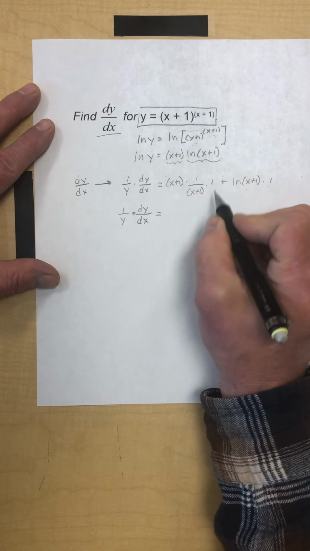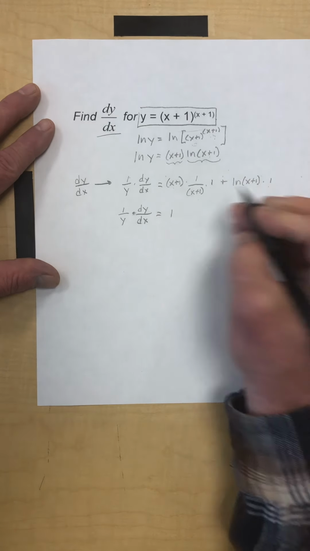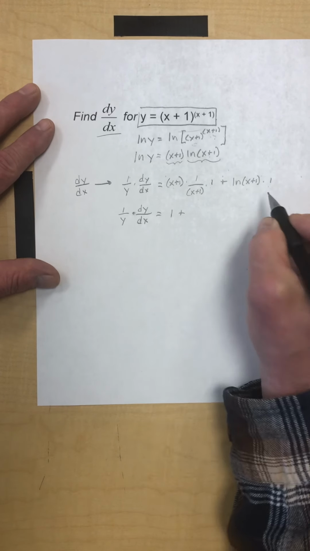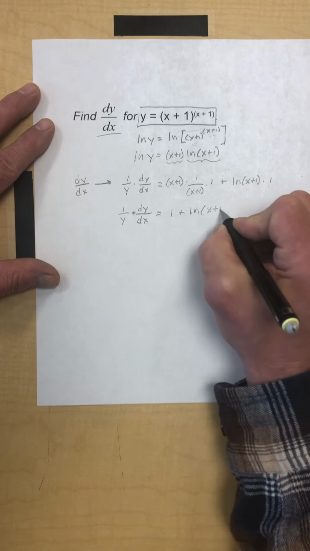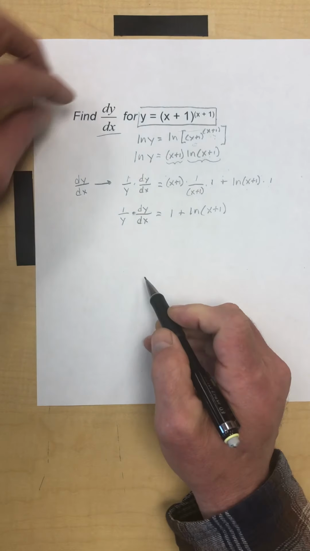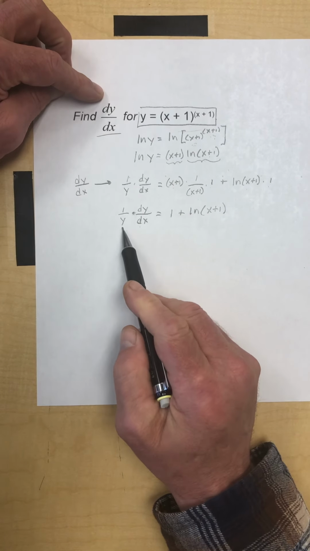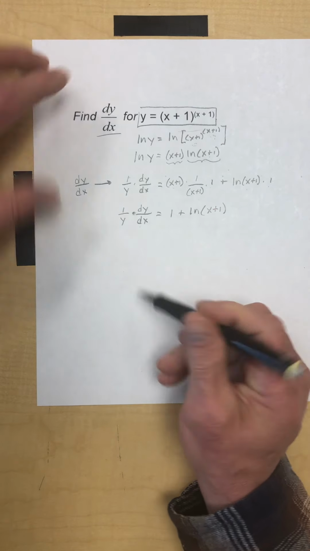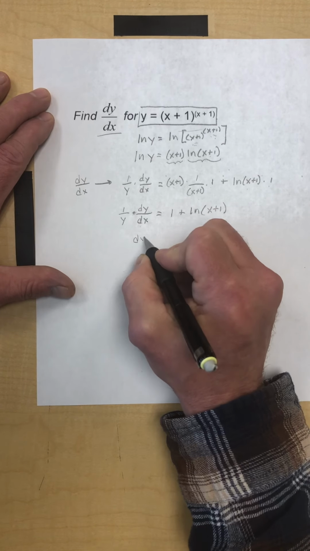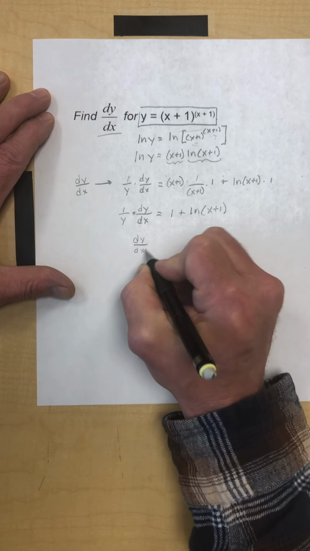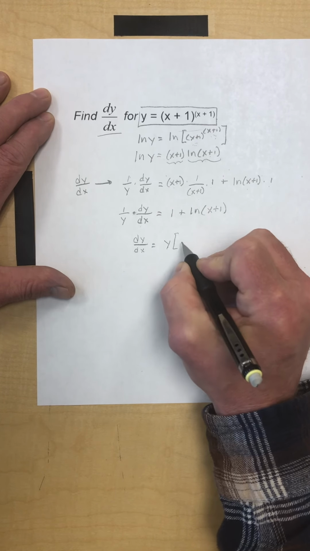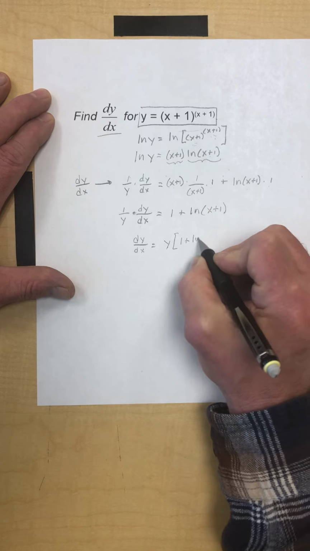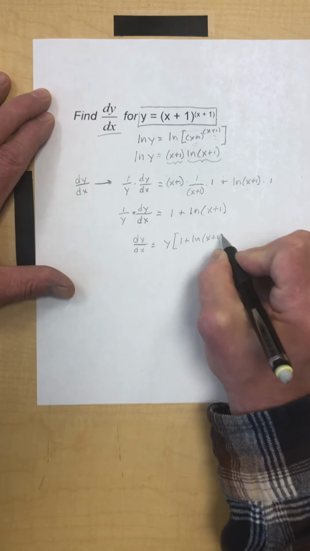So when you multiply these together, we just get 1, okay? Plus, over here we just have the natural log of x plus 1. All right, now I'm just looking for dy dx, so notice I have to multiply both sides by y. Okay, so dy dx equals y times 1 plus natural log of x plus 1.